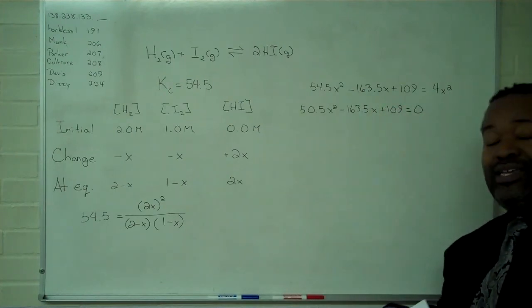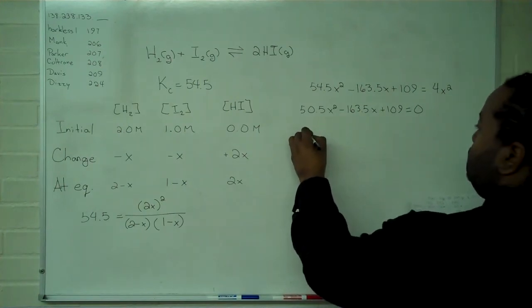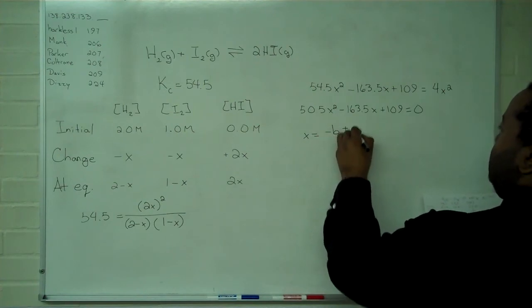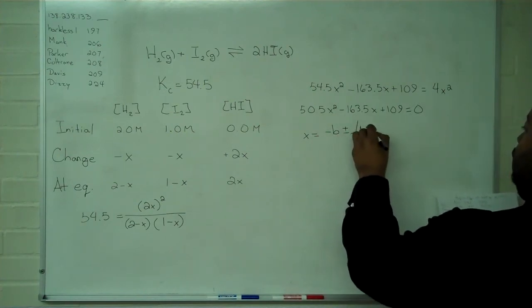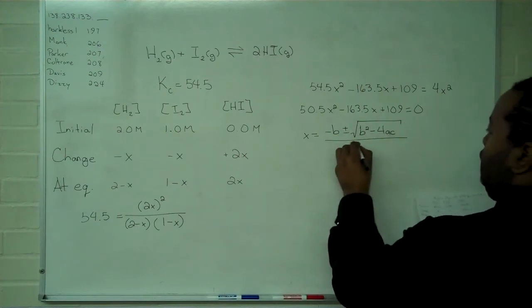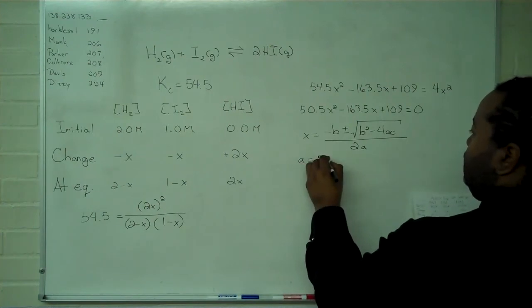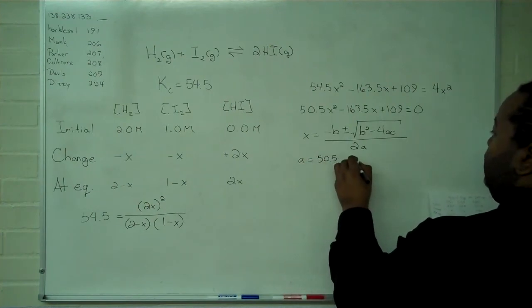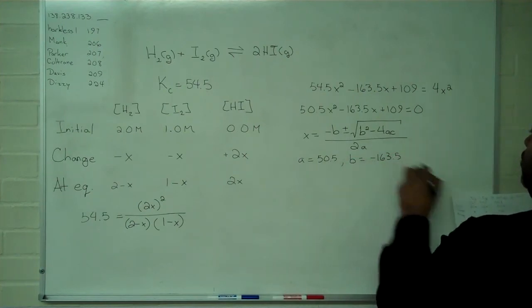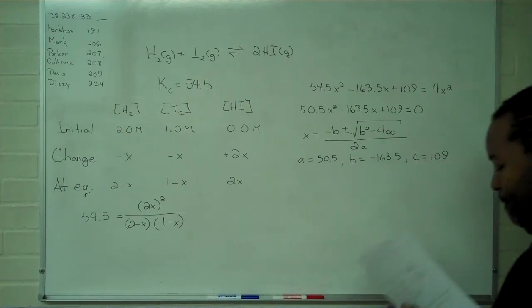This is quadratic in x, which allows us to use the quadratic formula that x will equal negative b plus or minus the square root of b squared minus 4ac, all divided by 2a, where we know that a equals 50.5, b equals negative 163.5, and c equals 109.